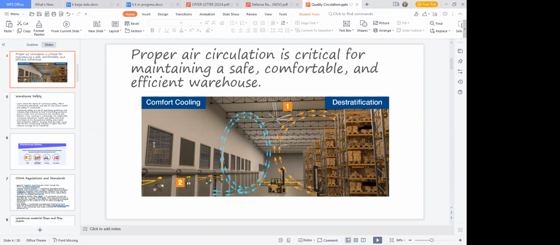So this air circulation subtopic is also related to OSHA and the warehouse safety topic.